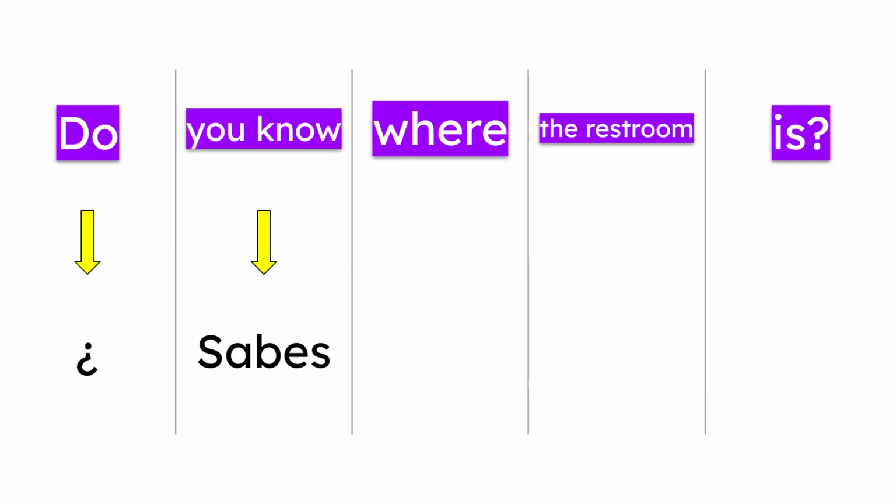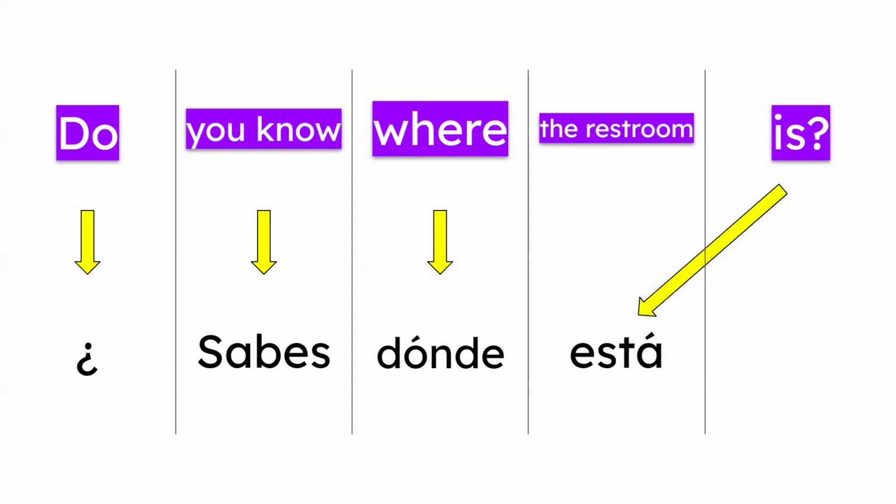How do you say where? ¿Dónde? That's right. Sabes dónde. And here, I'm sure you know. ¿Sabes dónde está el baño?